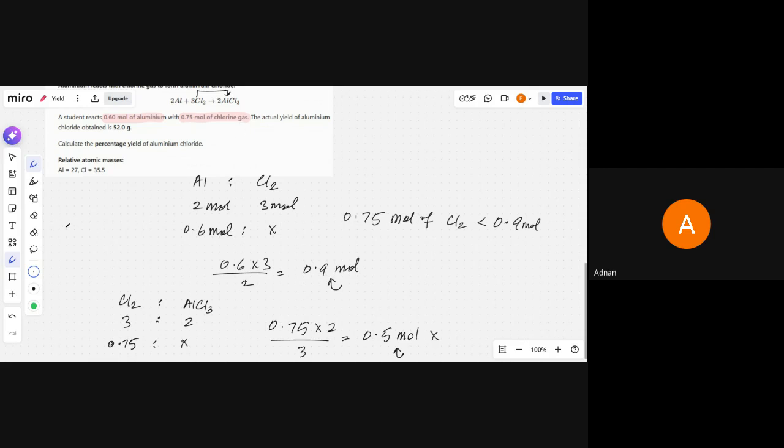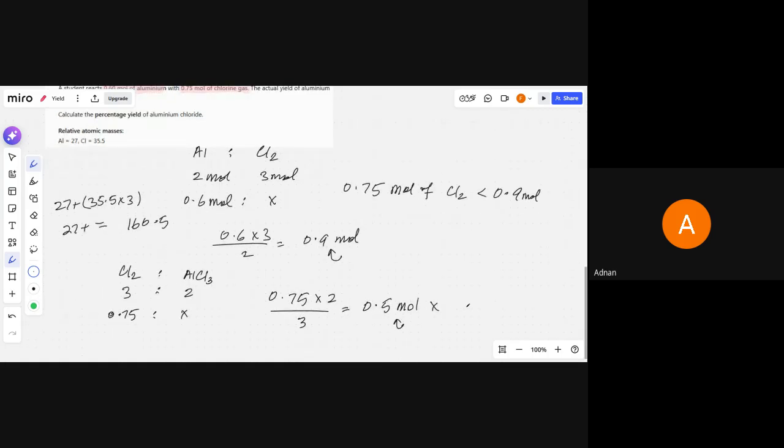It is 27 plus 35.5 times 3. So this is 106.5 plus 27. So we get 160.5. This is the molar mass of aluminum trichloride.